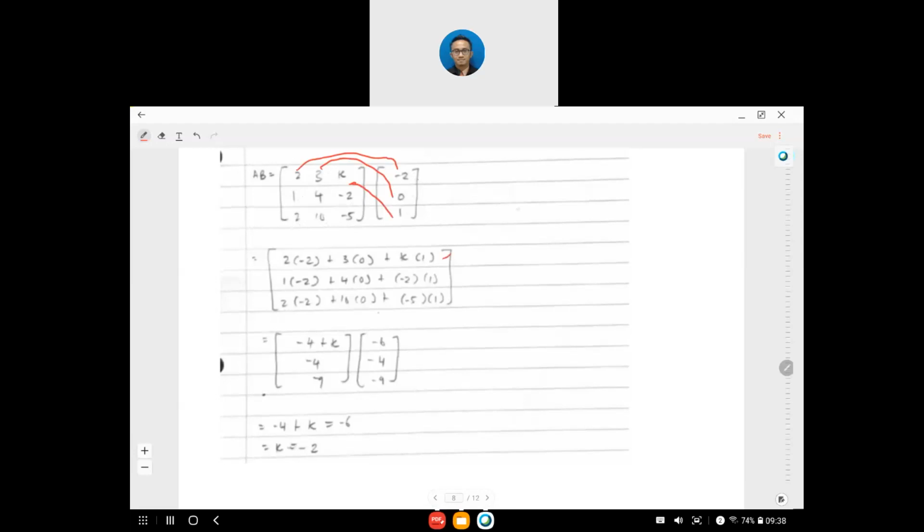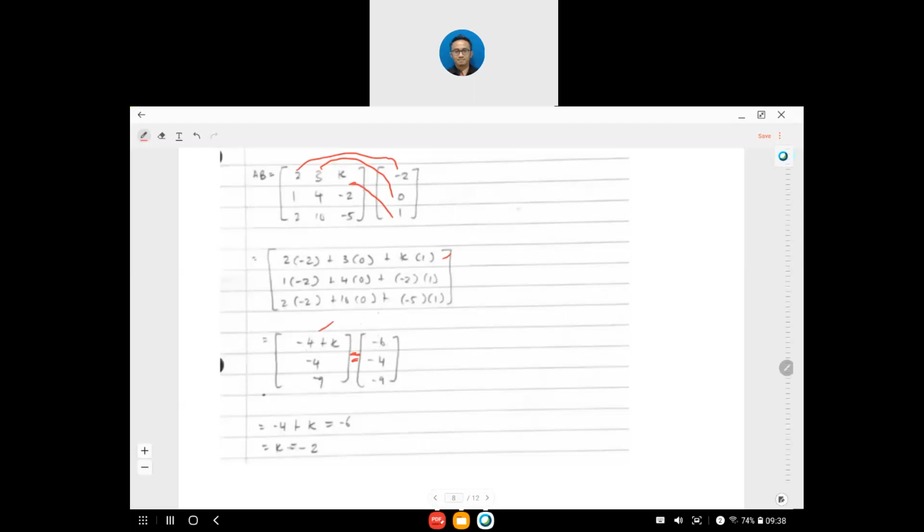Okay. So the first one becomes negative 4 plus K. Negative 4 plus K, this one equal, because it is equal to the transpose, not multiplication. If you do it like this, it means multiplication, whereas it is equal to C transpose from just now.